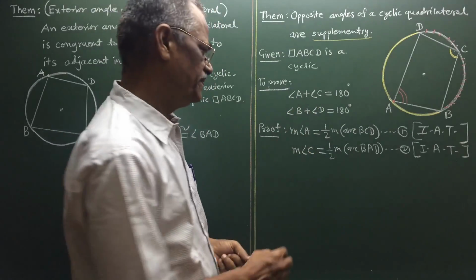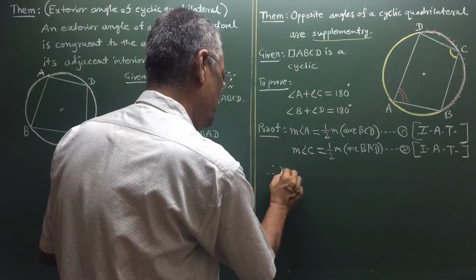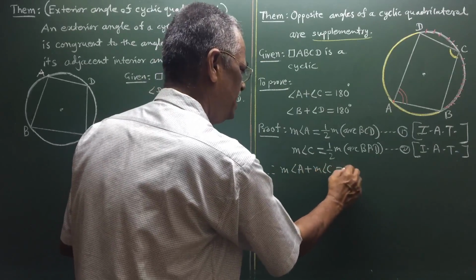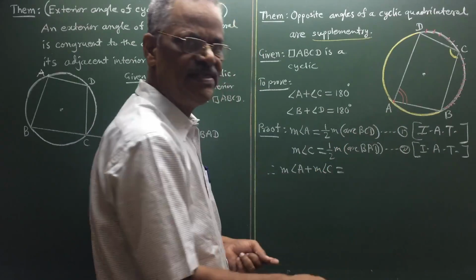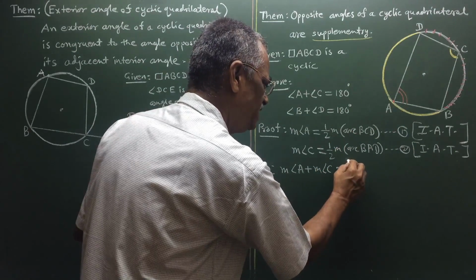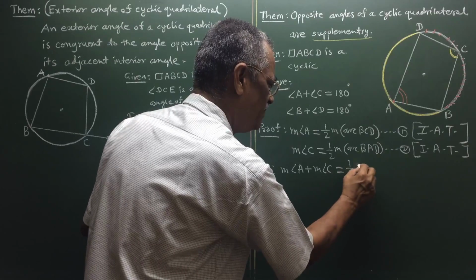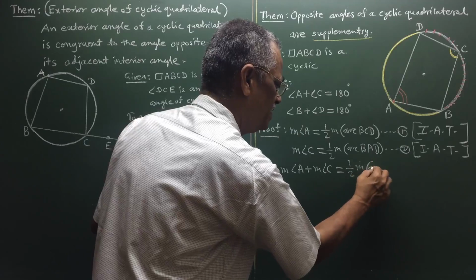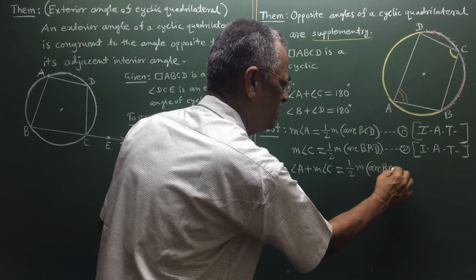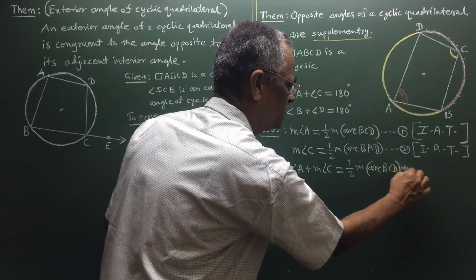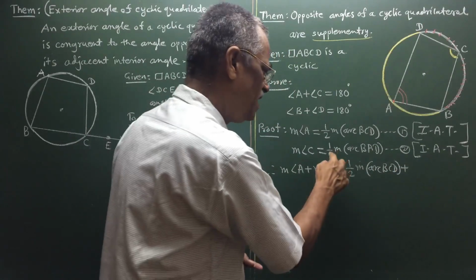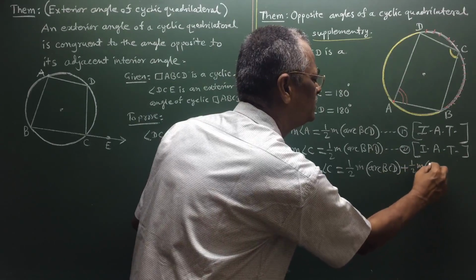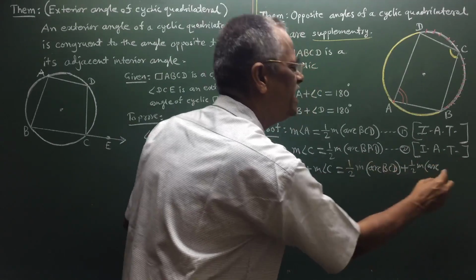Now, we have to find out the total sum, addition of measures A and C. Therefore, from 1 and 2, if we add angle A and angle C, we can add right hand sides. What about the right hand side? It is half the measure of arc BCD plus half the measure of arc BAD.